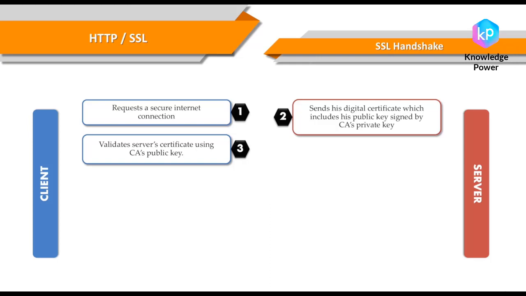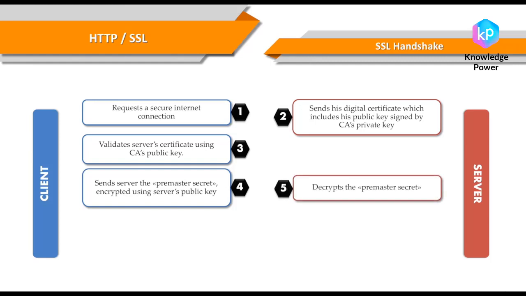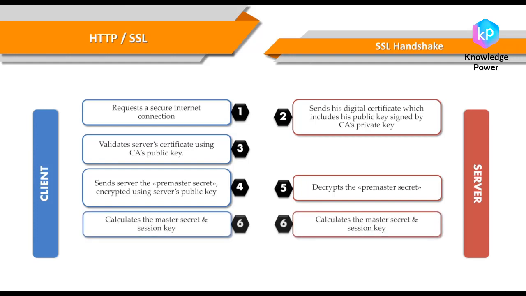Using all data generated in the handshake thus far, the client creates the pre-master secret for the session, encrypts it with the server's public key, and then sends the encrypted pre-master secret to the server. The server uses its private key to decrypt the pre-master secret, and both the client and the server perform a series of steps to generate the master secret.